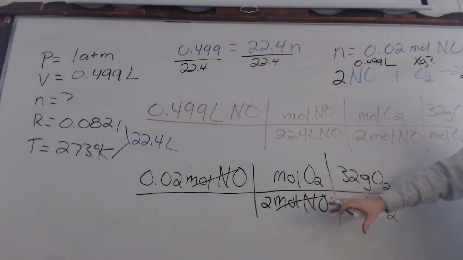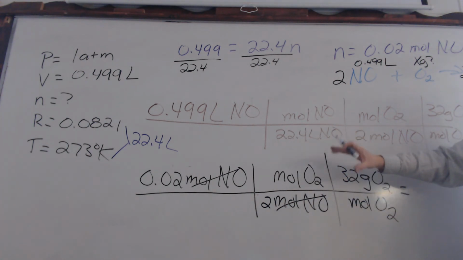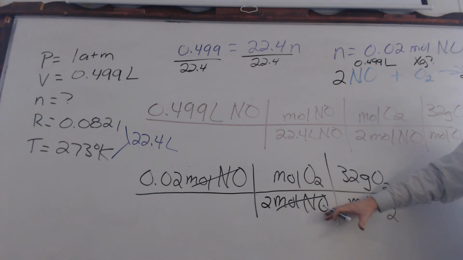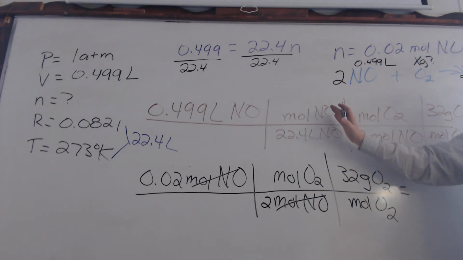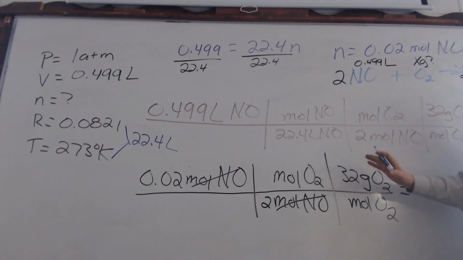This is if you're dimensional analysis, or excuse me, this is if you're the ideal gas law. This is if you're straight out dimensional analysis, because it's at STP. To me, the likelihood of making a mistake is less when you do this, straight up dimensional analysis. But if you want to use the ideal gas law, you certainly can.